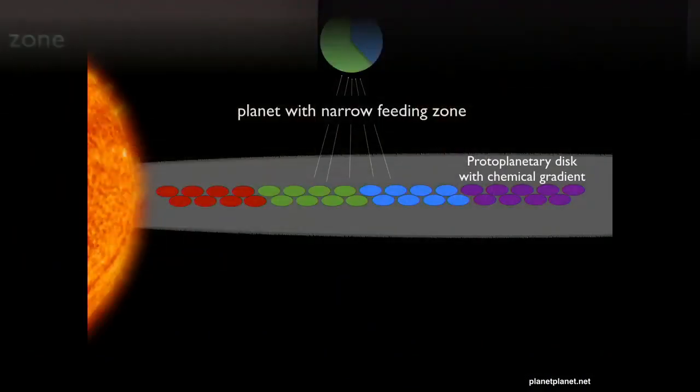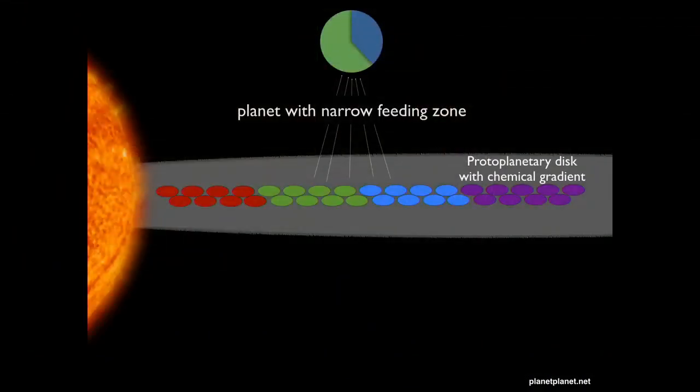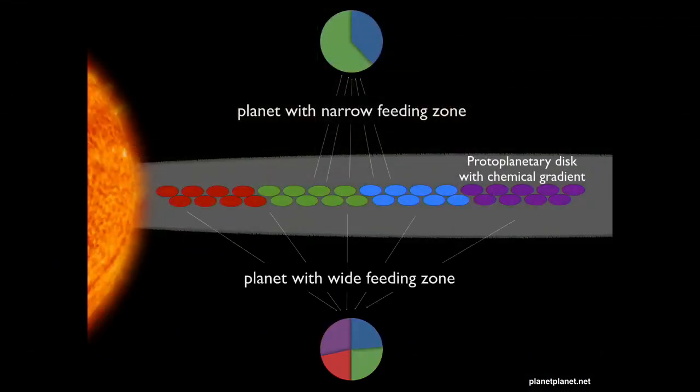The feeding zone being where all the components of the planet came from. If you form a planet with a narrow feeding zone, it might look like that. You form a planet with a wide feeding zone, it would look like that. Now if this purple stuff has some water in it, this guy would have some water in it, and this one would. So the size of a planet's feeding zone affects its composition.